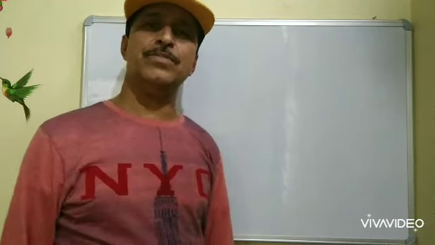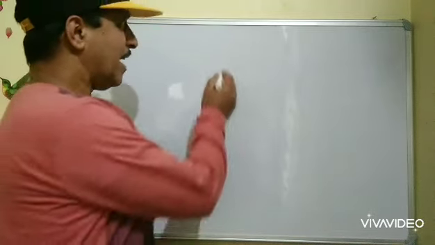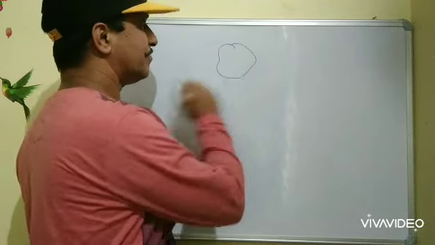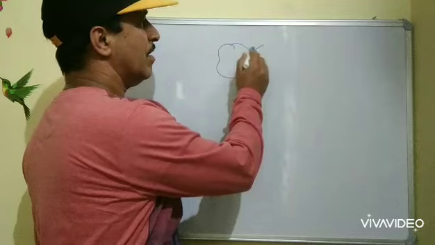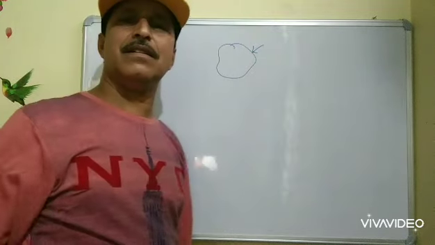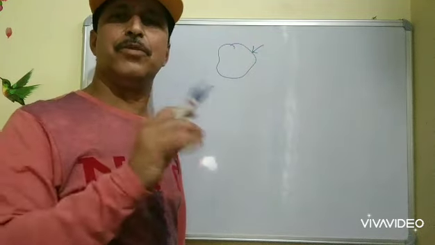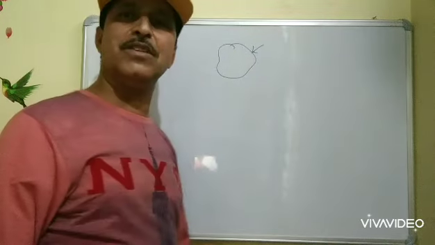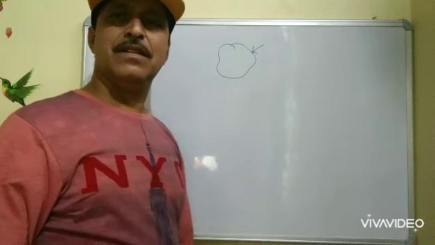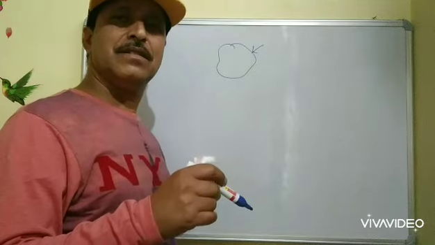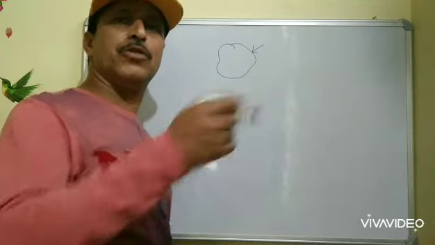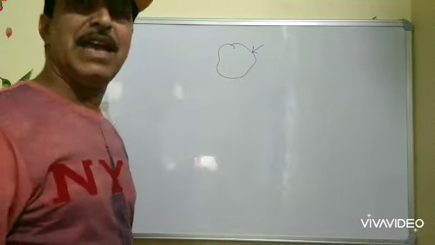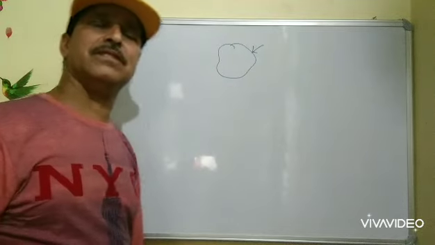For that, we must know that if I have any conductor and the conductor is at a certain potential, it may be zero even, and if I want to increase its potential, I will have to supply charge to it.